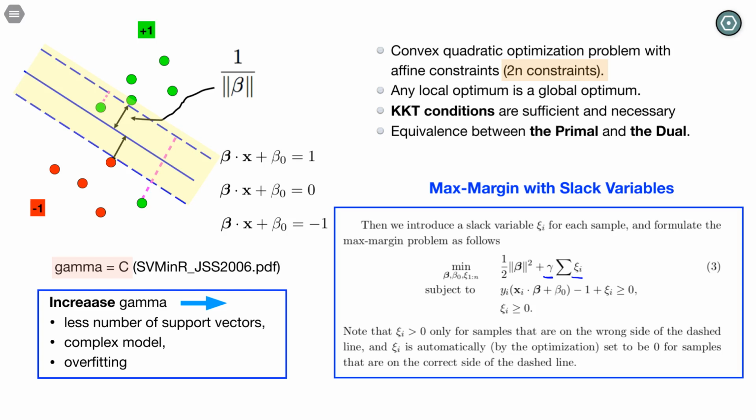And so in general, if we increase our gamma, then we're going to pay more price for having error. That means our avenue is going to be narrower. That means fewer support vectors, and it actually means a more complicated model and a tendency to overfit. And why is that?